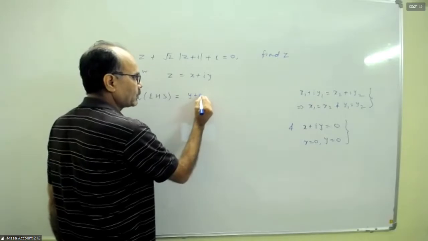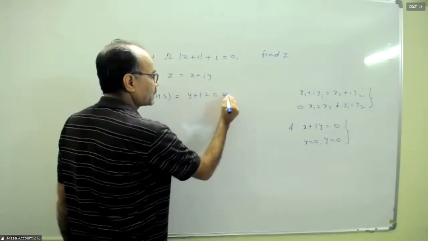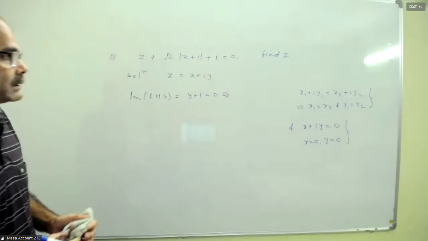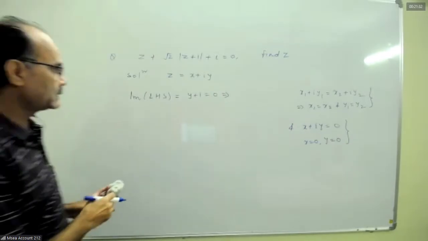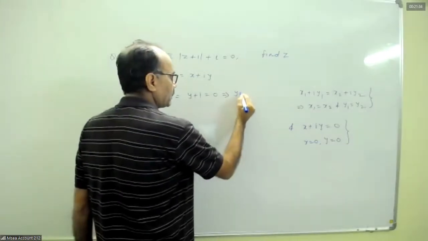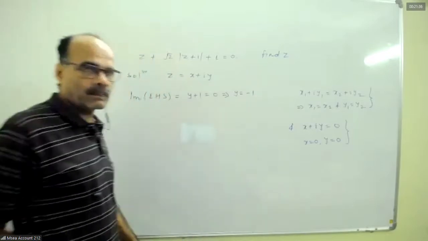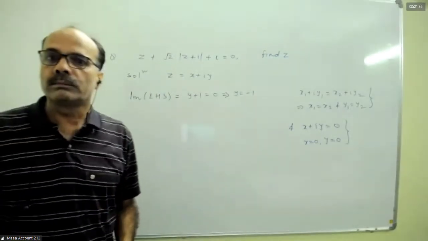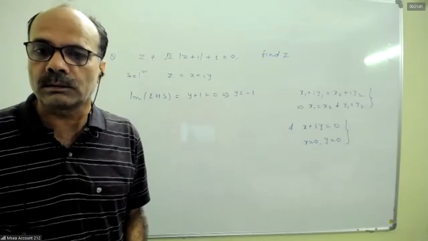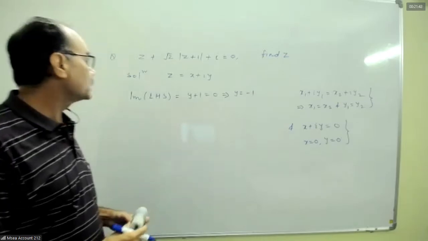It has to be 0, because right side is 0, it's a complex number. If a complex number is 0, its real part is 0, its imaginary part is 0. Now we got the value of one parameter y. Okay, without much calculation, we got the value of y.